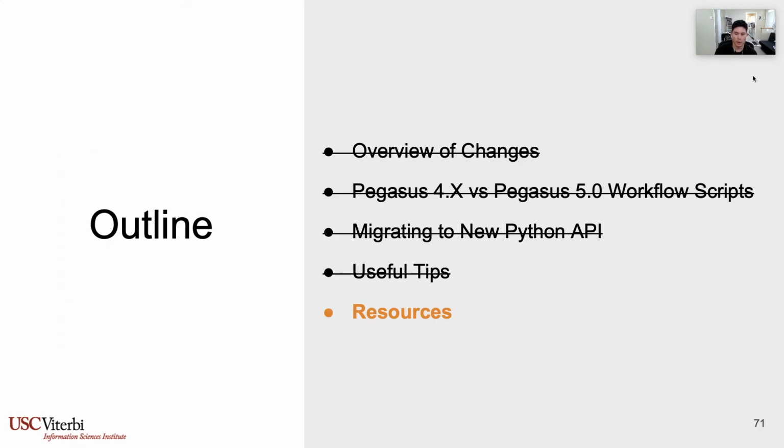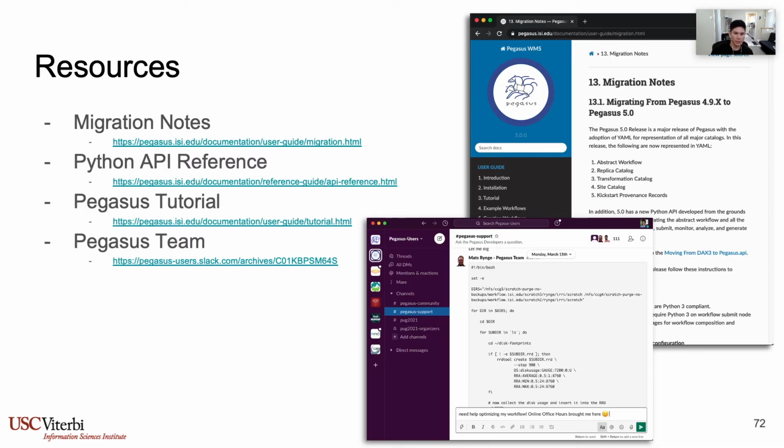So the last thing that I want to go over with you are some useful resources that you can take a look at as you are migrating your old workflows to run with Pegasus 5, or if you're creating new workflows. The first thing is to check out our migration notes. In our documentation, we have a page on how to migrate your workflows from Pegasus 4.9x, or below, to Pegasus 5.0.